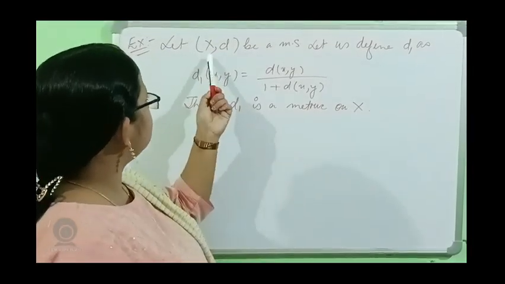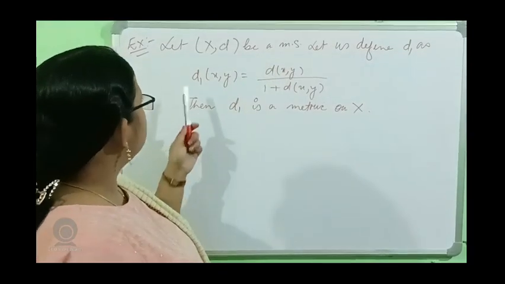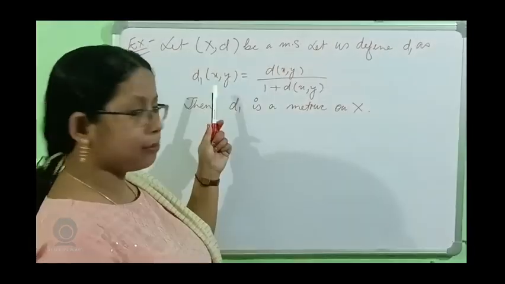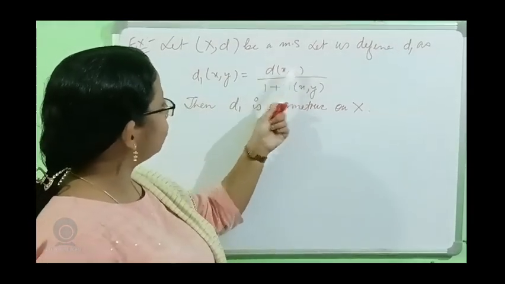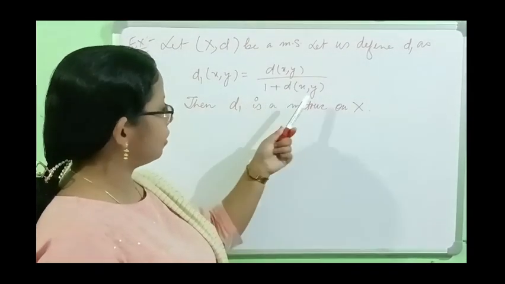Given (X, d) is a metric space and d1(x,y) is a function defined in terms of d(x,y) by 1 plus d(x,y).